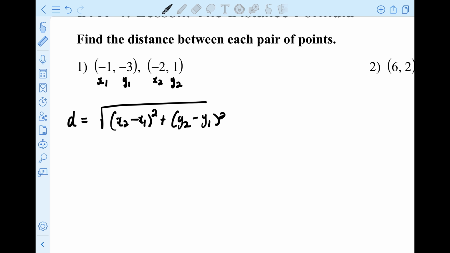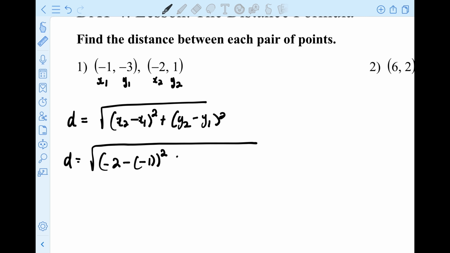Now, we're just going to put those in, and we're going to put them in meticulously here. Follow what I'm doing. X2, which is negative 2, minus x1, which is negative 1 squared, plus y2, which is 1, minus y1, which is negative 3 squared. I should have another parentheses here.